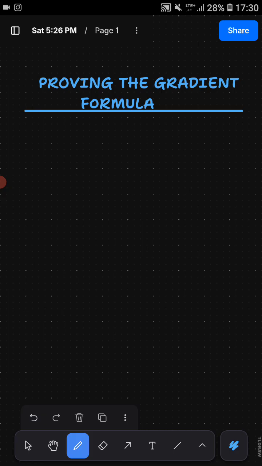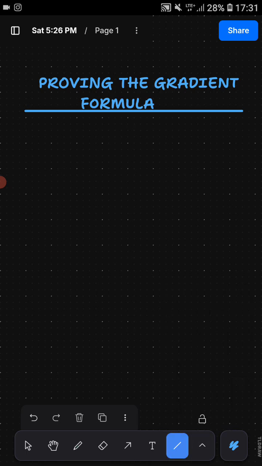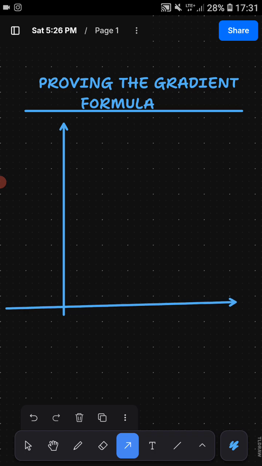So let's say we have an xy plane like this. This is the y axis, and now I have the x axis.